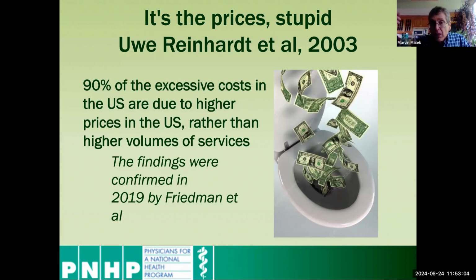It didn't work. So in theory, going after volume seemed like a perfectly good idea in terms of healthcare costs, but it looks like, based on those studies, that it would be more fruitful in the United States to go after the prices of things.